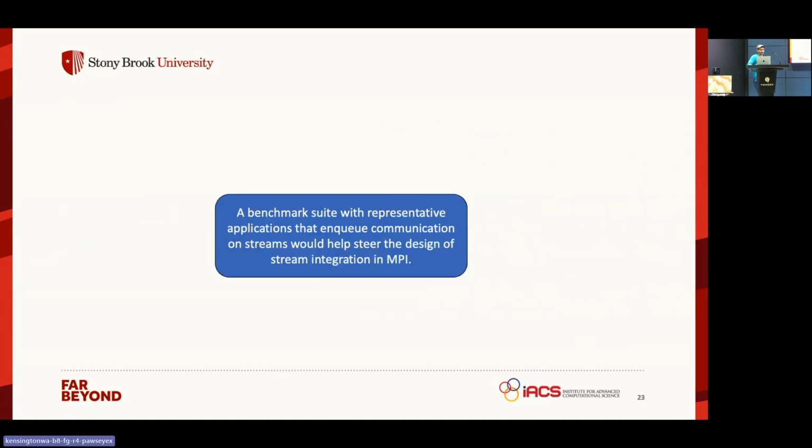So having a benchmark suite with representative applications that can benefit from enqueuing operations onto a stream would help with the design of this API, or any API that addresses this issue in MPI. And that's what Patrick already mentioned.